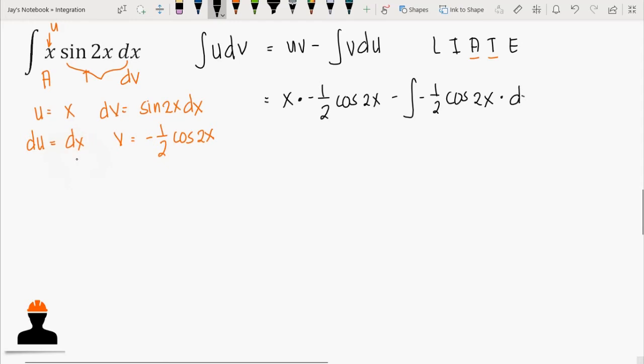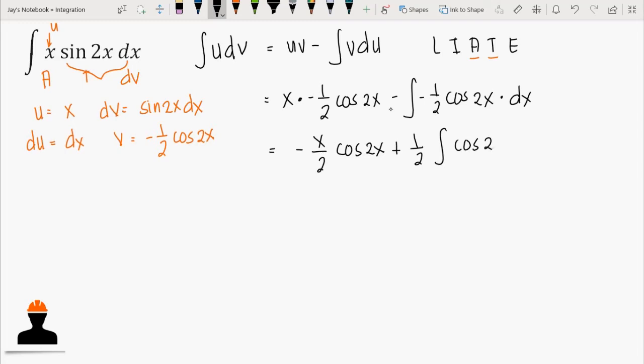So we have negative x over 2 cosine 2x by algebraic operation. Then we can take 1/2 outside of our integration, but take note, we have a negative outside and a negative inside, so we multiply them: negative times negative gives us positive 1/2 the integration of cosine 2x dx.